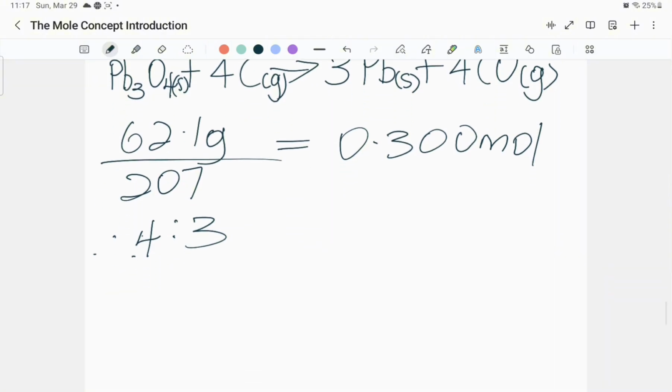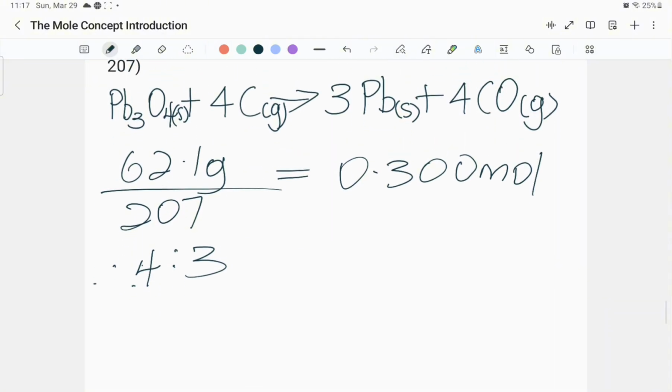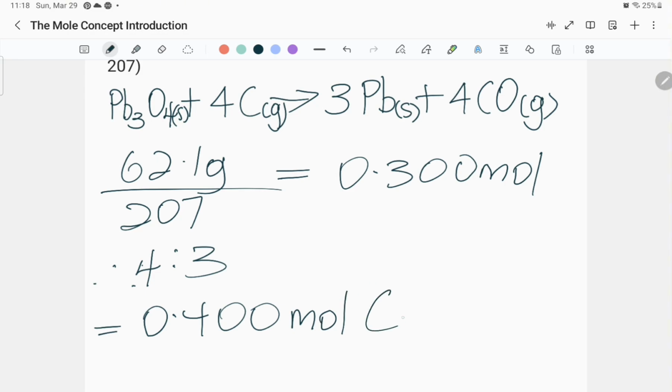Then we multiply by 4 to find how many moles of carbon form. So that means it's going to be 0.400 moles of carbon, right? So we find for 1 mole first, and then we find for 4 moles of carbon.